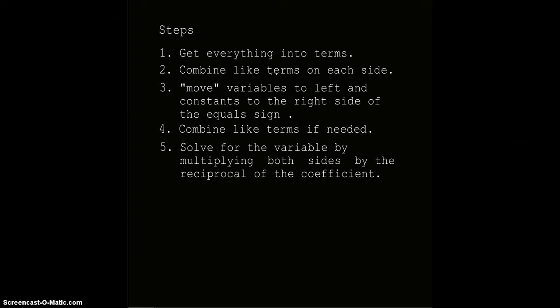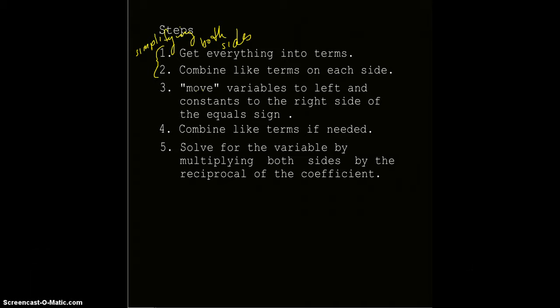We're then going to combine like terms on each side. Sometimes these two processes together are called simplifying both sides. All right, that would be 1 and 2.